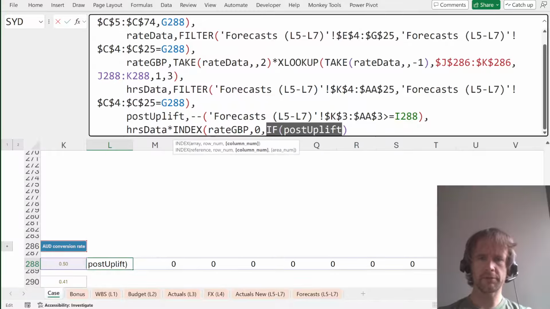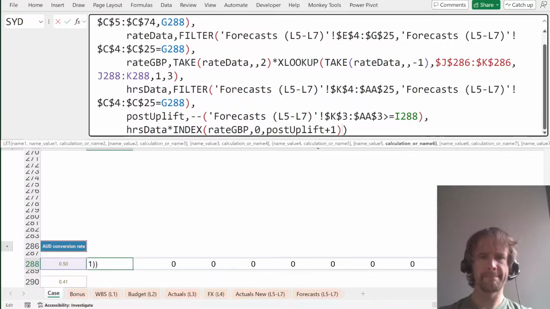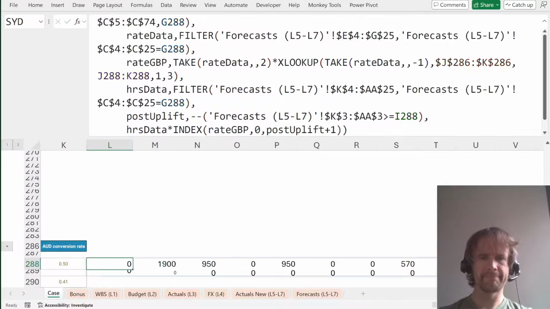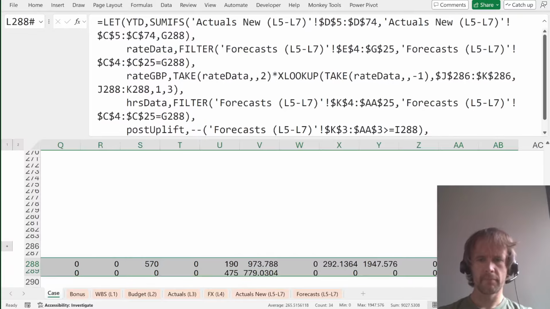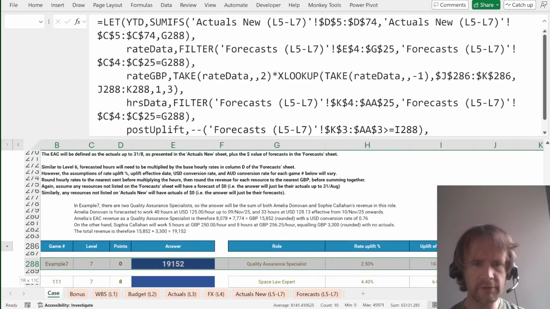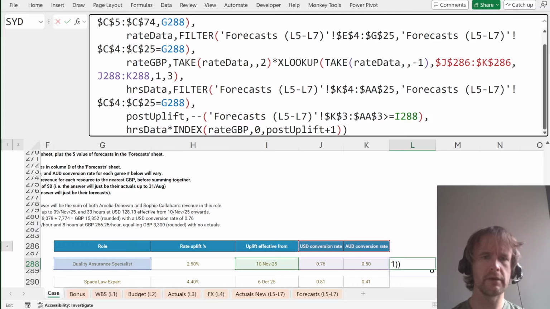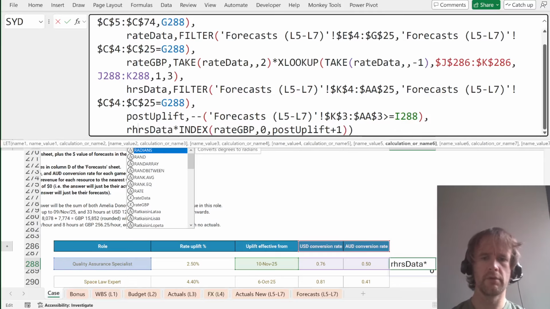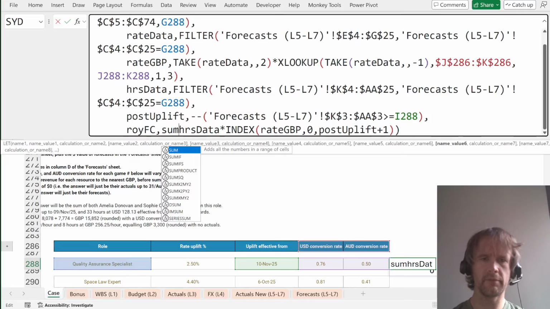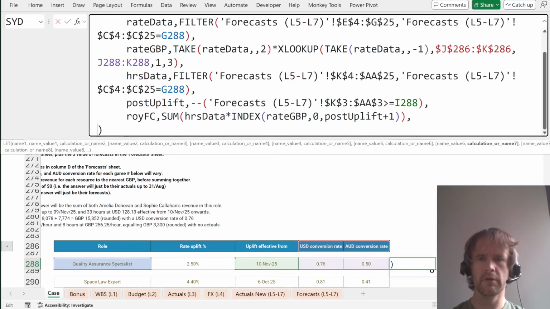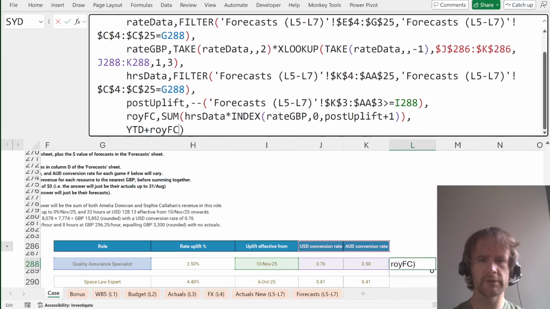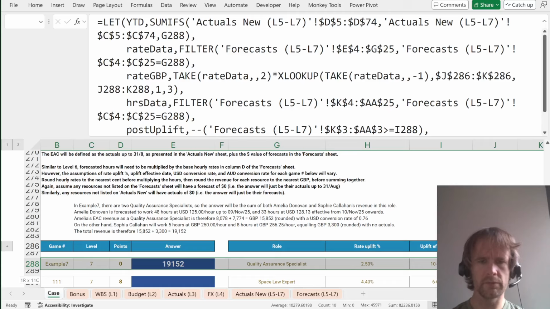Actually, the column number could just be post uplift plus 1. And that sums to 9027. Oh, but no, I need the year-to-date bit as well. Fine, whatever. Okay, so rest of year forecast will be sum of all of that. And then I want to return YTD plus rest of year forecast. No, wrong. Ugh, bloody hell.